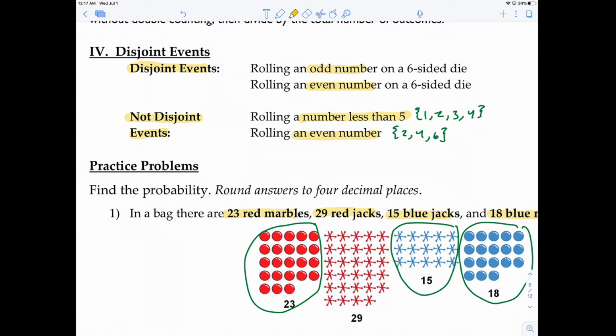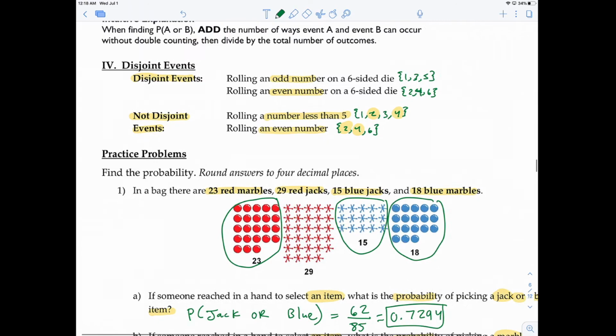There's something that can be both of those things. Namely, 2 is in both of them and 4 is in both of them. Whereas up here, the odd numbers are 1, 3, and 5 and the even numbers are 2, 4, and 6, and there's nothing in common. There's nothing that can be both odd and even. All right, so that's what disjoint is.